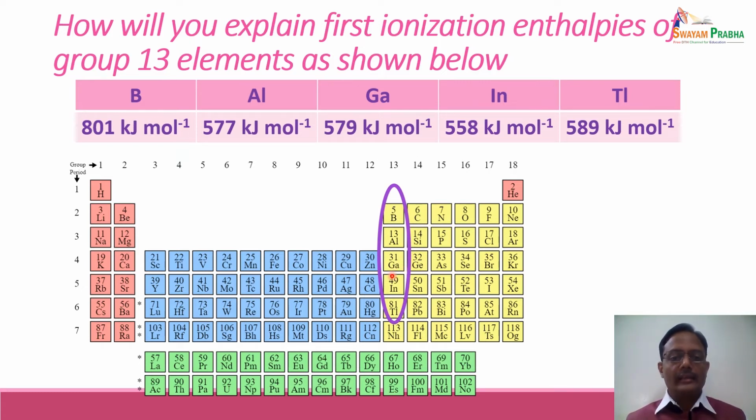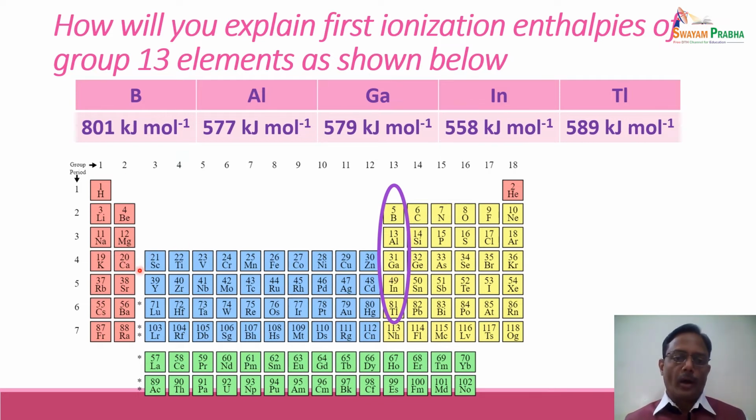But at the same time, there is a substantial increase in the shielding effect, because between boron and aluminium the number of electrons increases by 8, but from aluminium to gallium the number of electrons increases by 18. So it is expected that the shielding effect should definitely predominate.